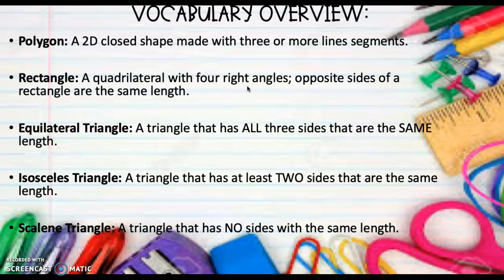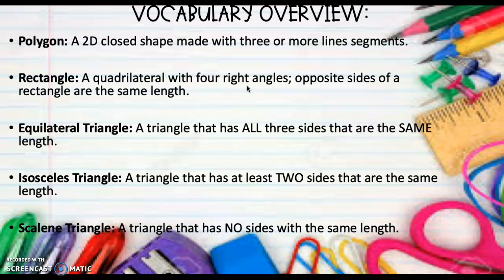The first one we have is an equilateral triangle. An equilateral triangle is a triangle that has 3 sides that are the same length. That is super important that you understand that it has to be the same length. Next, we have an isosceles triangle. That is a triangle that has at least 2 sides that are the same length.